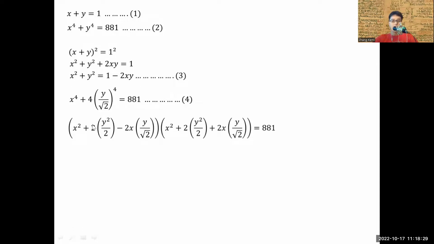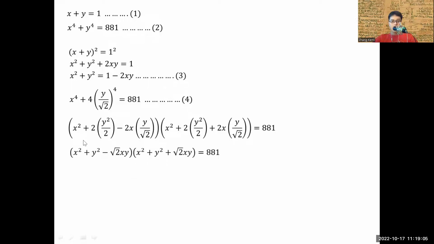The left-hand side becomes x squared plus 2 times (y over root 2) squared minus 2x times y over root 2, multiplied by x squared plus 2 times (y over root 2) squared plus 2x times y over root 2, equals 881. This entire chunk is just Sophie Germain's identity applied to equation 4.